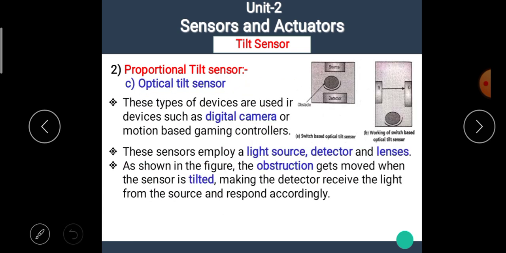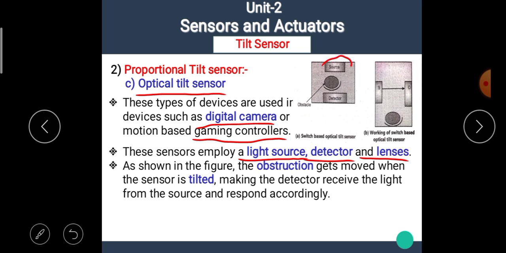The third type is the optical tilt sensor. These types of devices are used in devices such as digital cameras or motion based gaming controllers. These sensors employ a light source, detector and lenses.